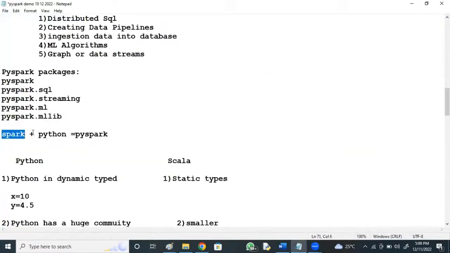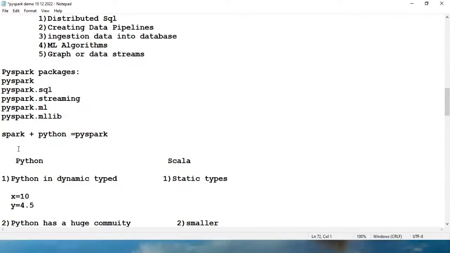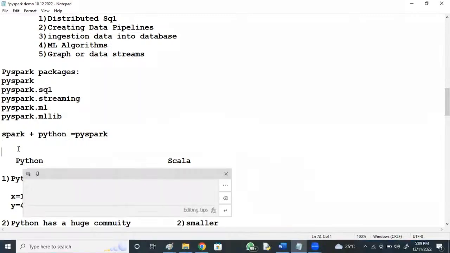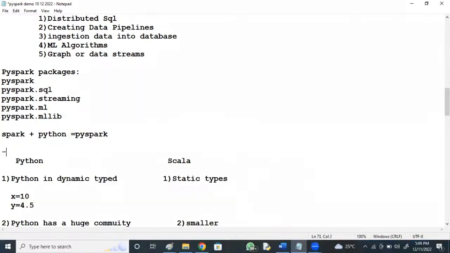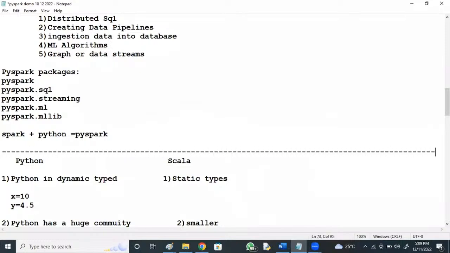Spark and Python combined, we call PySpark. And I was just saying Python and Scala are mostly preferred. What differences do we see? Python is dynamically typed, in the sense that with the variables we create, x equal to 10, y equal to 4.5, unlike C or Java, we need not say int x, float y.